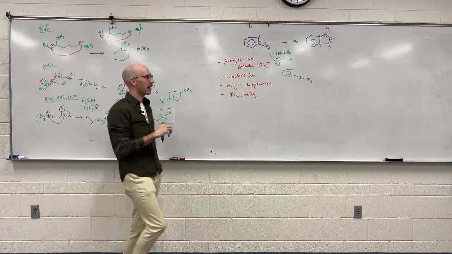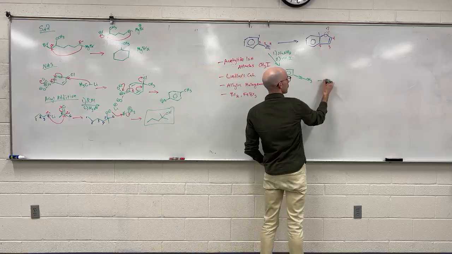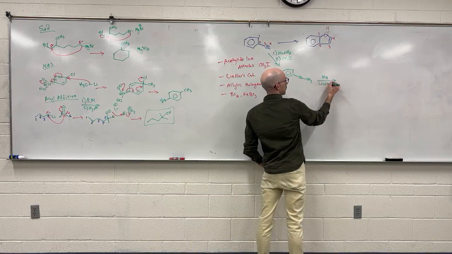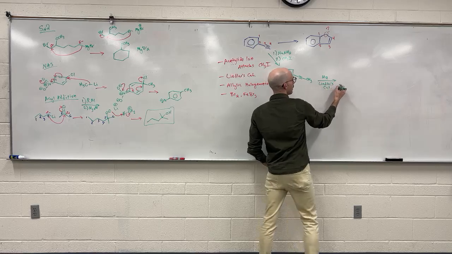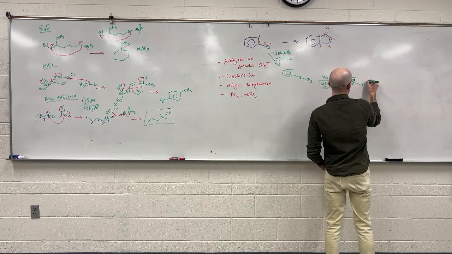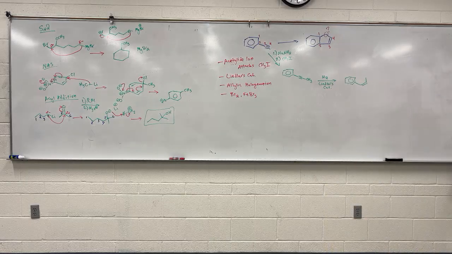Now that we've done that, let's reduce our alkyne into an alkene, which gives a cis alkene.